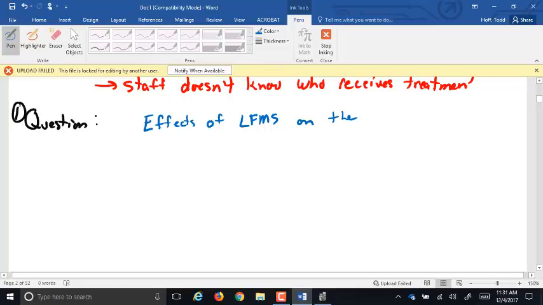Were they looking to really cure the depression or what were they looking to do? There you go. The effects of the LFMS on the mood of individuals with depression or bipolar disorder.